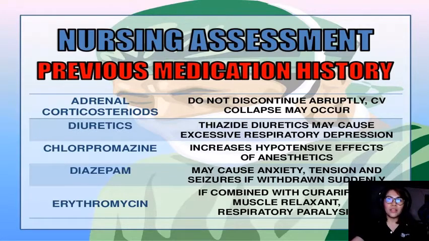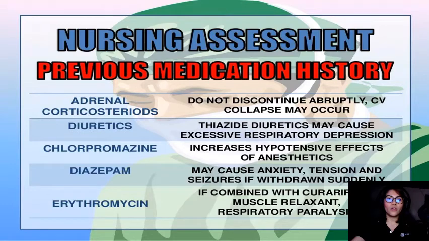So if the medication is a diuretic, for example thiazide diuretics, it may cause excessive respiratory depression. So you should tell the doctor, Doc, the patient takes this medication, diuretics. So the anesthesiologist will be aware not to give larger doses of anesthesia, because the patient may have respiratory depression, difficulty breathing, and then arrest.